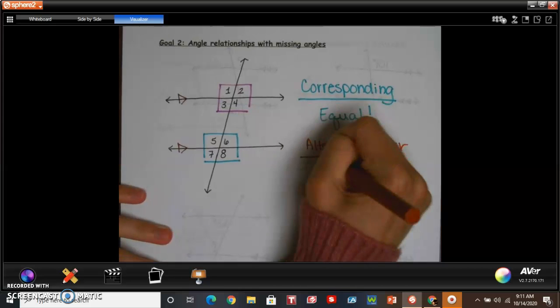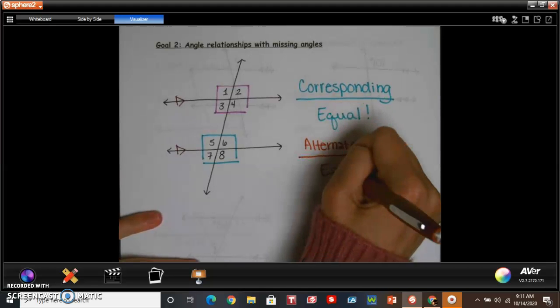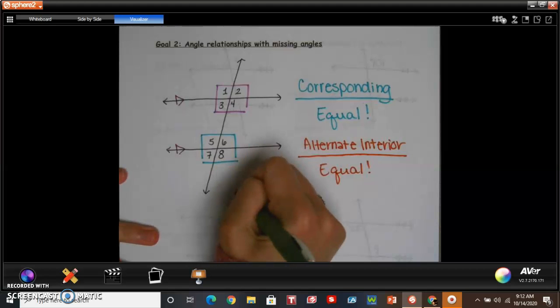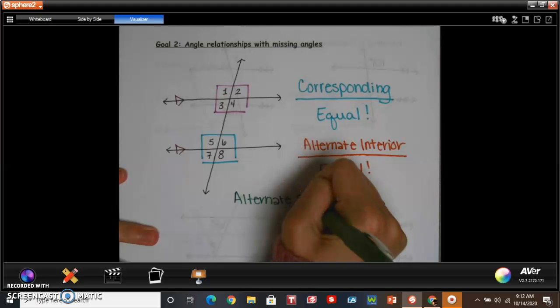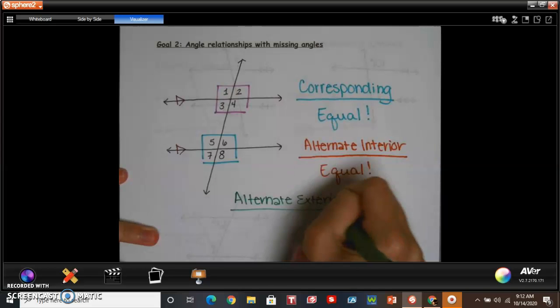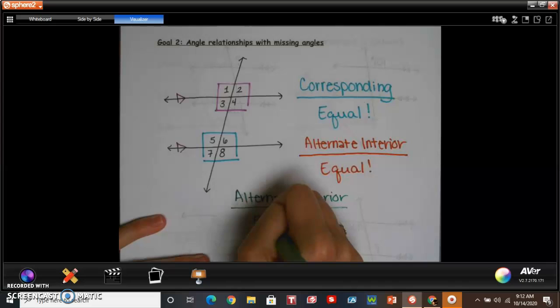All right, and what happens with our alternate interior angles whenever they're parallel? They're equal. Yay! Next we have our alternate exterior. And what happens with our alternate exteriors whenever they're parallel? Oh my goodness, guess what? They're equal.